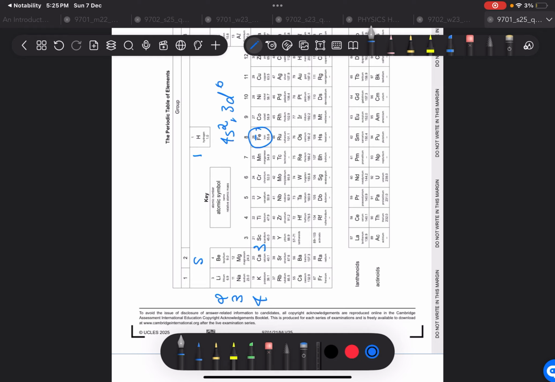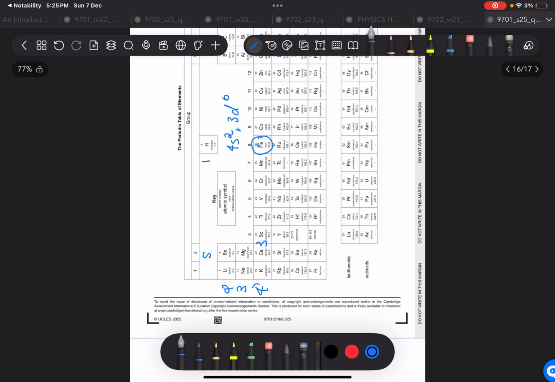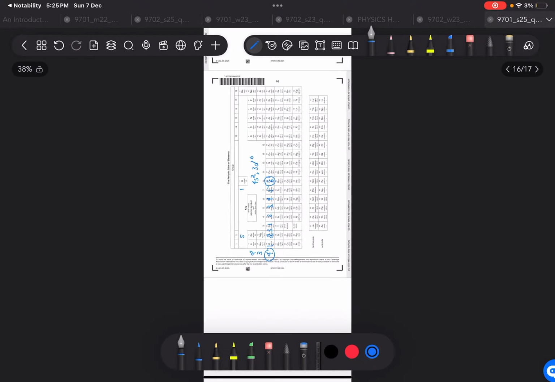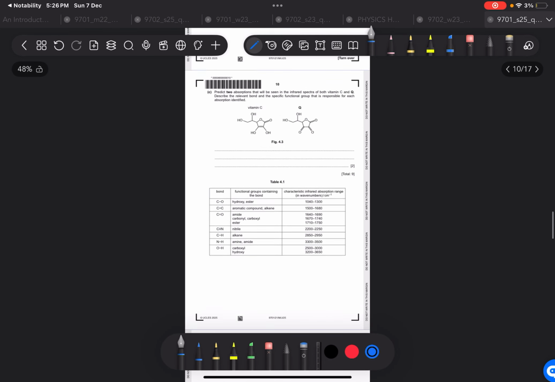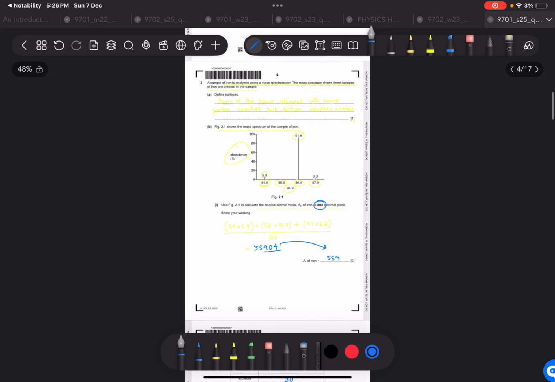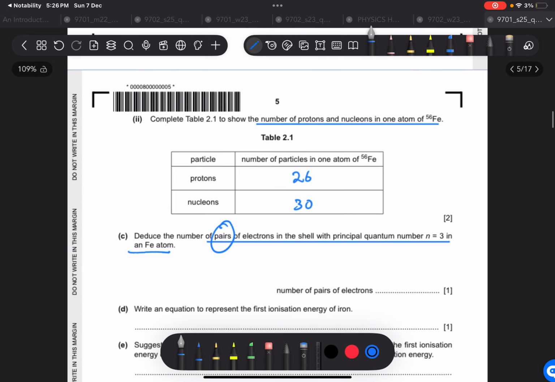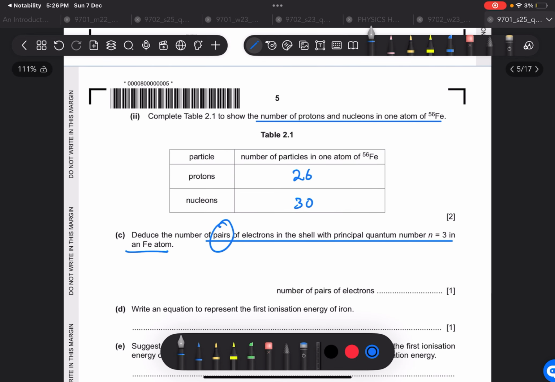There should be 4 pairs, but you need to consider one more thing as well. What do you need to consider? Look, 4s2 and 3d6. The question asks for the number of pairs of electrons in the shell with the principal quantum number 3.